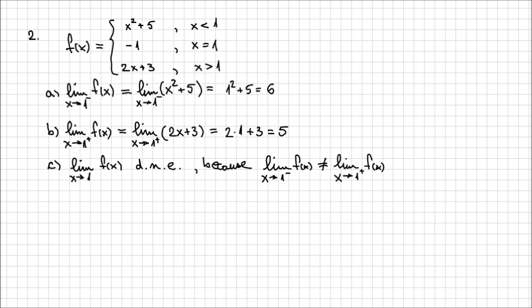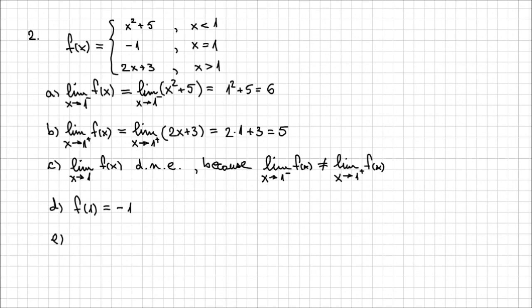And a couple more things that we need to determine for this function. So f of 1, well, now I'm going to look in the definition of the function. When x is 1, f of x is minus 1, so f of 1 equals minus 1. That is correct. And why do you need this sort of information?